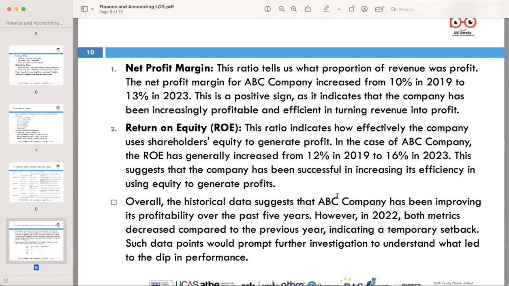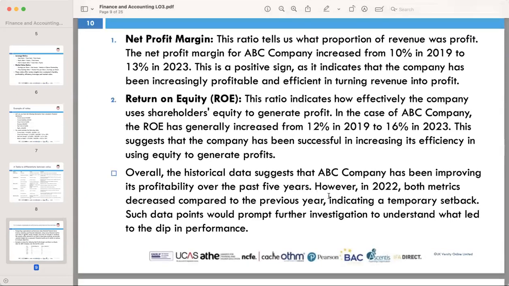So here again, now we will focus on two key metrics: net profit margin and return on equity. Net profit margin shows us the proportion of revenue that translates into profit.